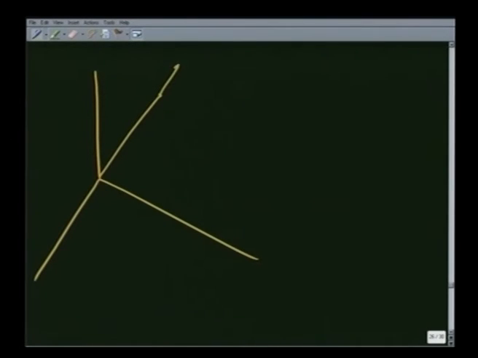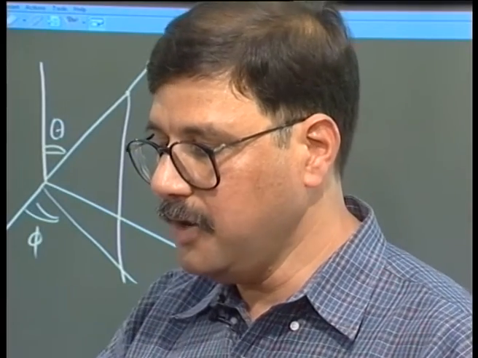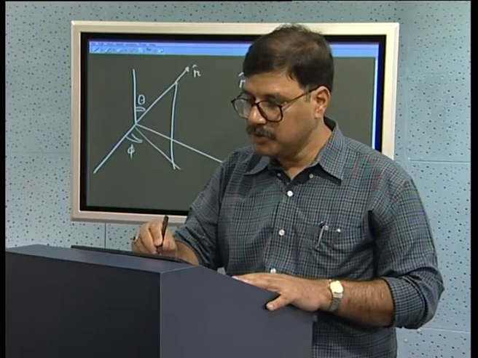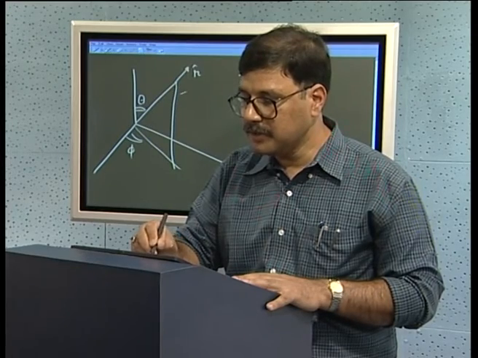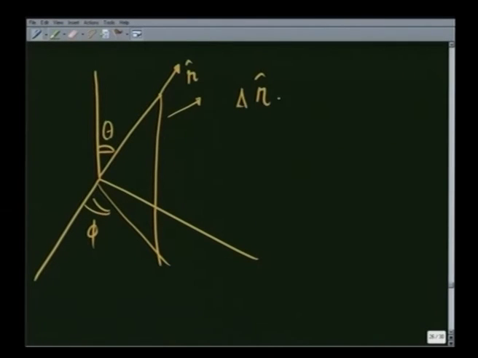Here is vector r. If I were to change only theta and keep phi fixed, then you can see the r unit vector is going to change from here to like this, and that change is going to be equal to delta theta in theta direction.